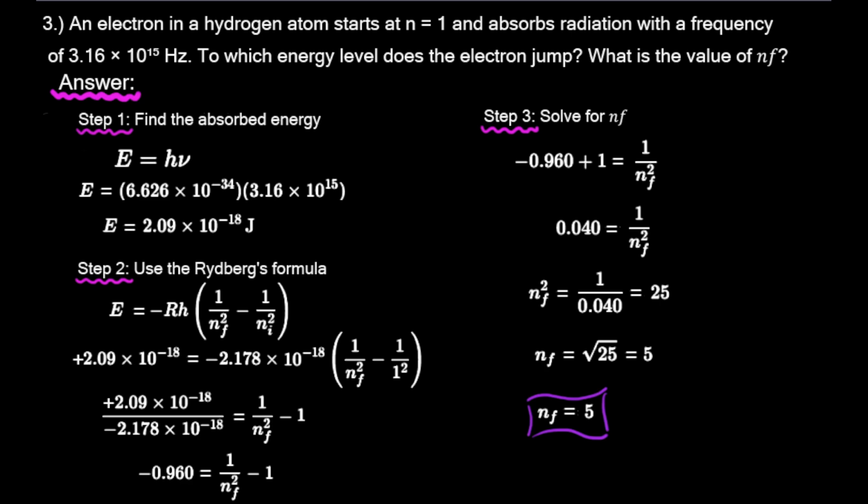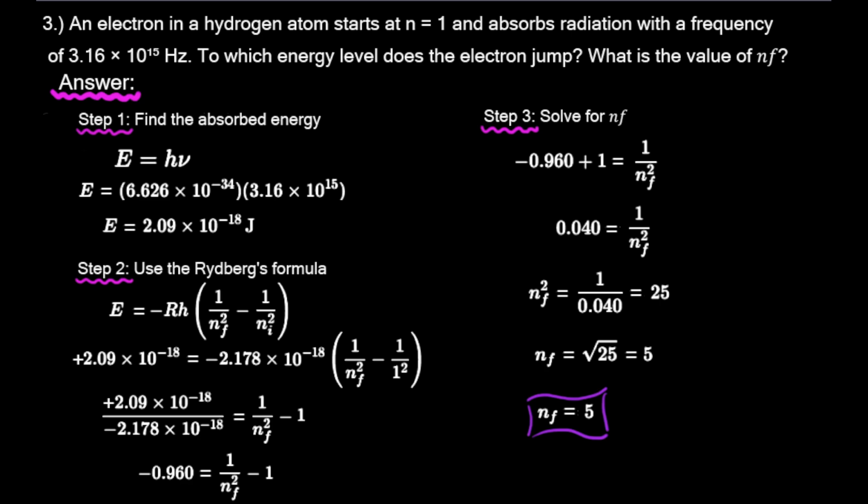So E equals negative 2.178 times 10 to the minus 18 joules multiplied by the quantity 1 over n final squared minus 1 over n initial squared. We plug in our values and E becomes positive 2.09 times 10 to the minus 18.